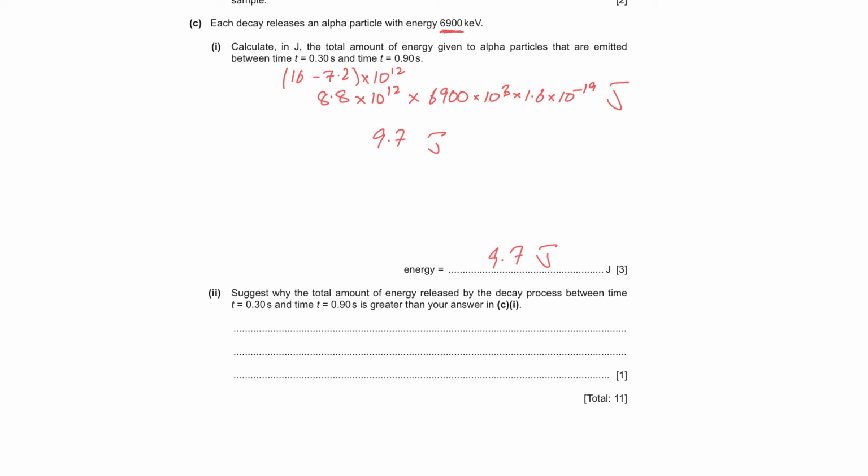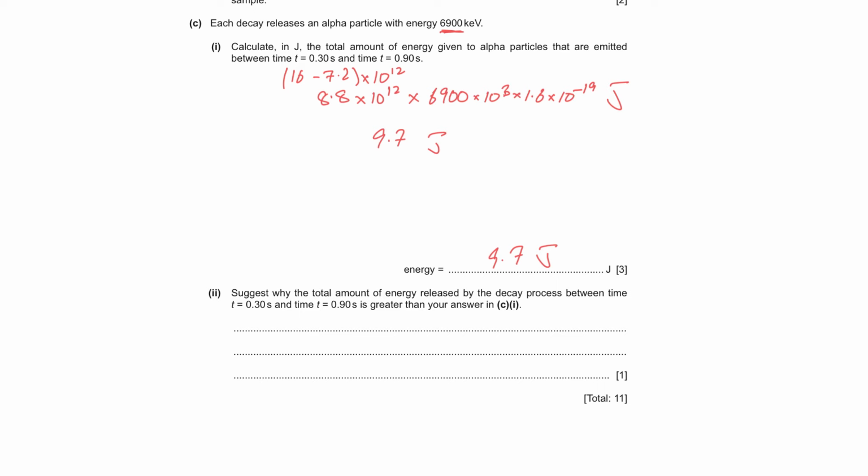You need to understand, when the daughter nuclei are formed, which is basically lead nuclei, they may have some kinetic energy, and that will also contribute to the total energy that we're ignoring right now. Similarly, we may also have gamma photons being emitted out, and that is also another source of energy. So that will add to our total energy.